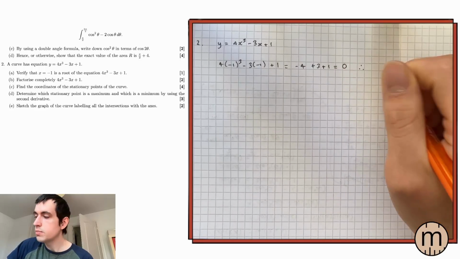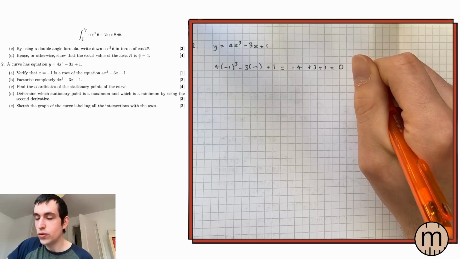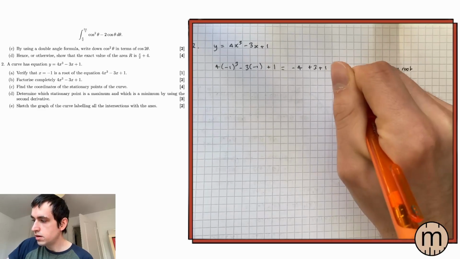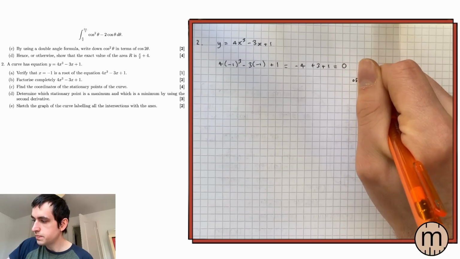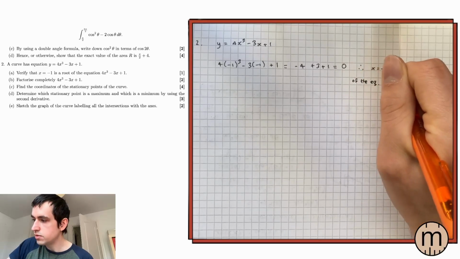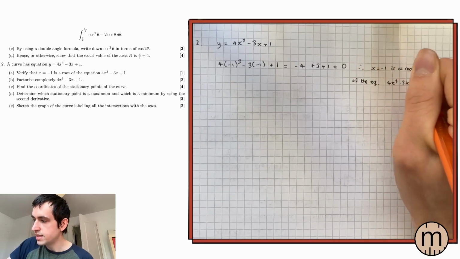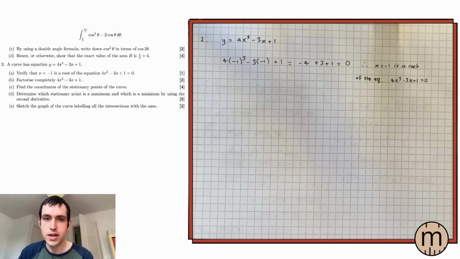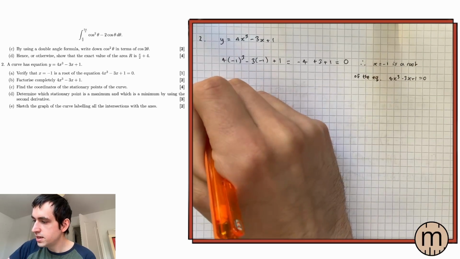It's only worth 1 mark, but we should therefore say, therefore x equals minus 1 is a root of the equation 4x cubed minus 3x plus 1. As I say, it should say equals 0 on there. Okay, I've corrected the error now. Only 2 mistakes so far, not too bad.